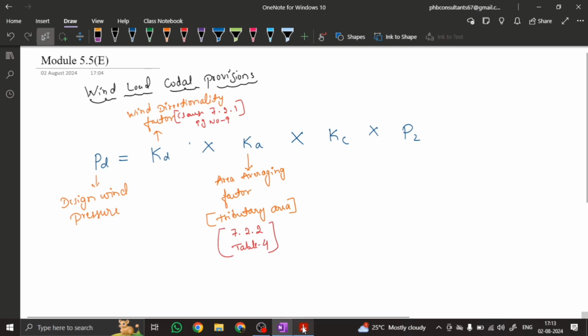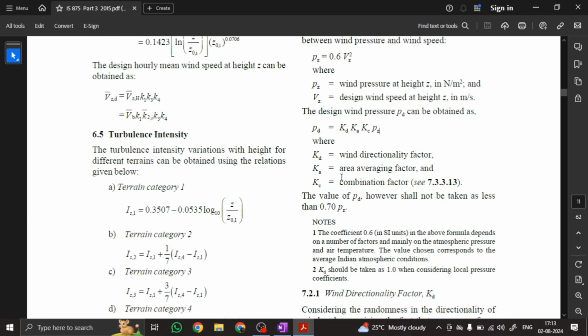Now KC means, see here, KC means combination factor. Where we have to see?